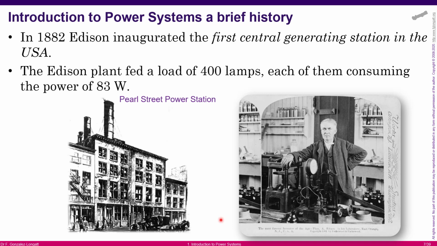It was a very small generation plant delivering electricity to his customers, mainly for lighting systems: around 400 lamps, each consuming around 83 watts. That was the Pearl Street Power Station in New York.